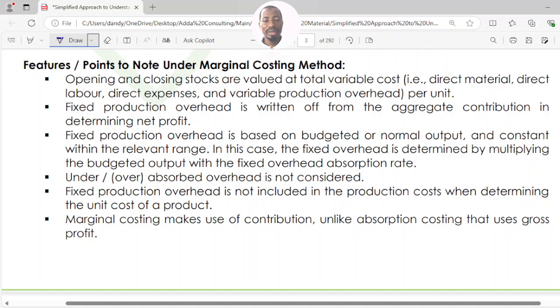I will repeat: whenever you want to prepare income statements using the marginal costing approach, opening and closing stocks are valued at direct cost, variable cost, or marginal cost per unit. All right. So what am I trying to say here?